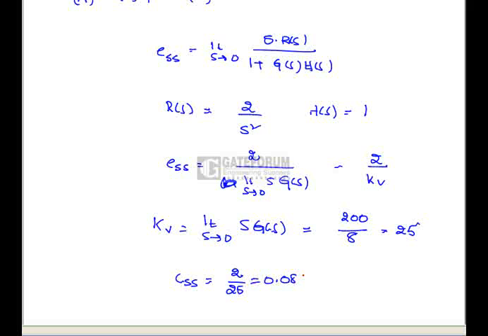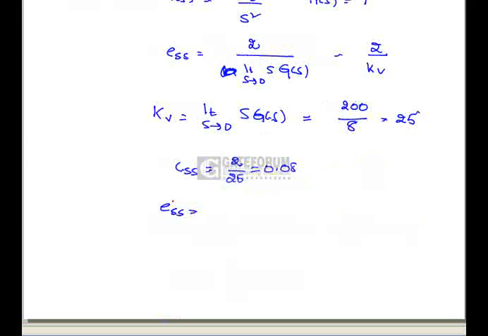So if we reduce the steady state error by 5%, the new steady state error, after reducing, equals e_ss minus 5% means 5 by 100 into e_ss, which equals 0.076.